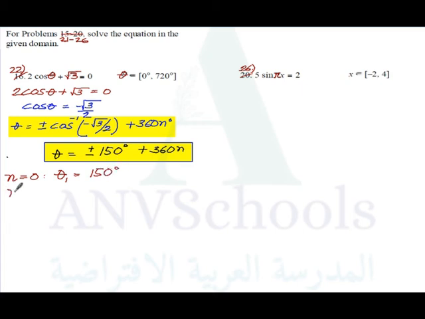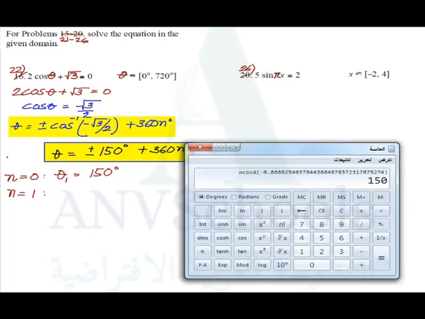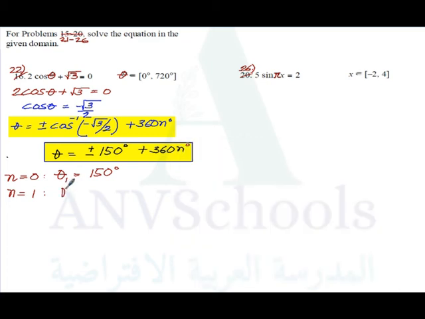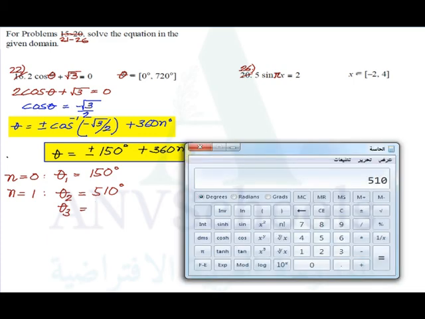If n is equal to 1, then 150 degrees or negative 150 degrees, plus 360 degrees. So let's add 360 here. That would be 510. What else? Theta 3, when we use negative 150 degrees, that would be 360 minus 150. So that gives us 210 degrees.